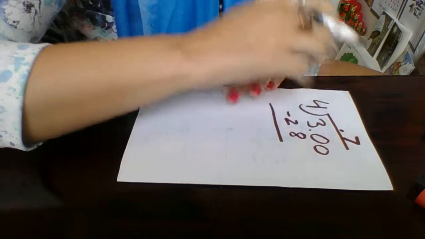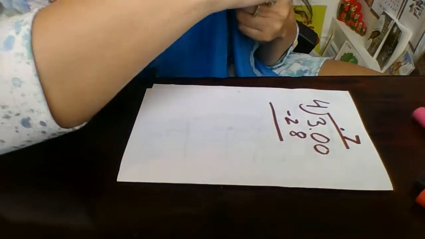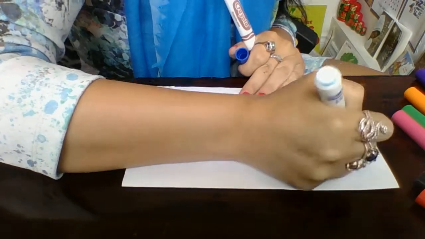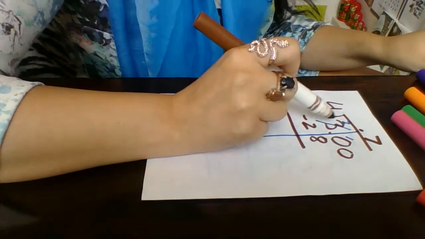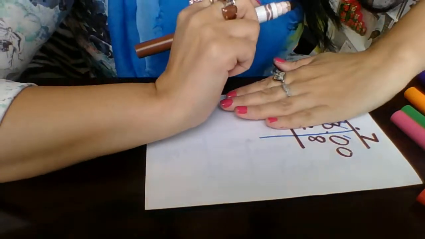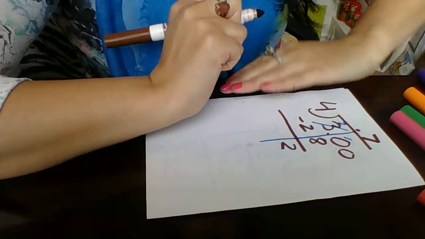0 minus 8, can't do it. Cross out, show what's left, carry over. Just like that, my 3 is now a 2, and my 0 is now a 10. 10 minus 8 equals 2. 2 minus 2 equals 0.